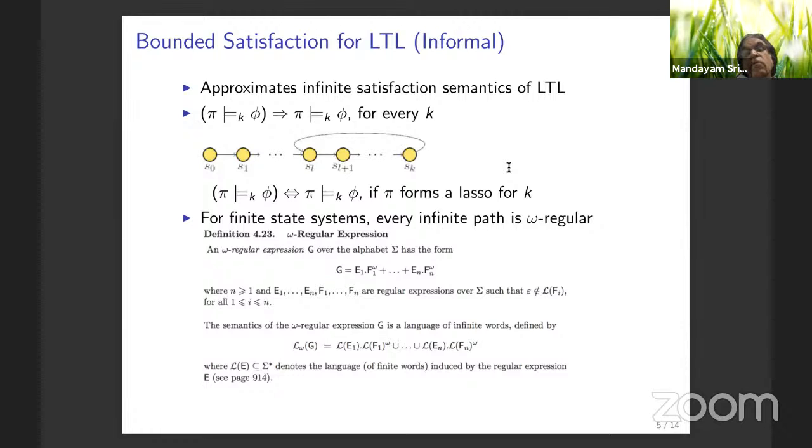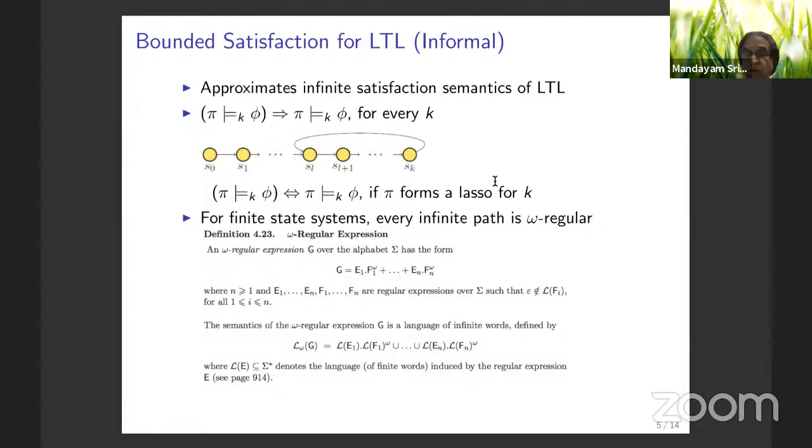So yes, the answer to your question is yes. For any particular K, it is only approximate. But if you're able to come up with bounds, and we will see what the complications are, and we already saw certain bounds for GP and FP, the diameter and the recurrence diameter.